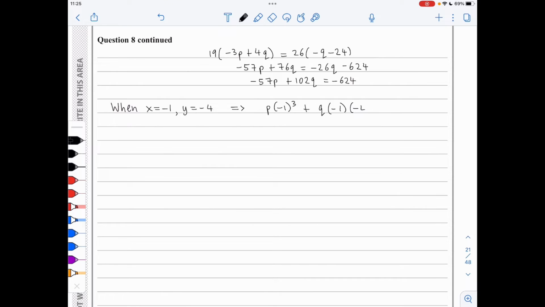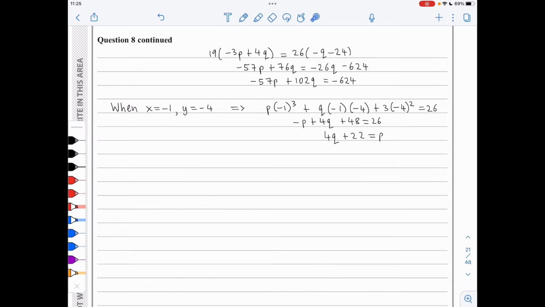So this will give rise to a second equation in P and Q, which will lead to simultaneous equations in P and Q. So we get minus P plus 4Q plus 48 is 26, which means that 4Q plus 22 is P. These are the two equations we were after.